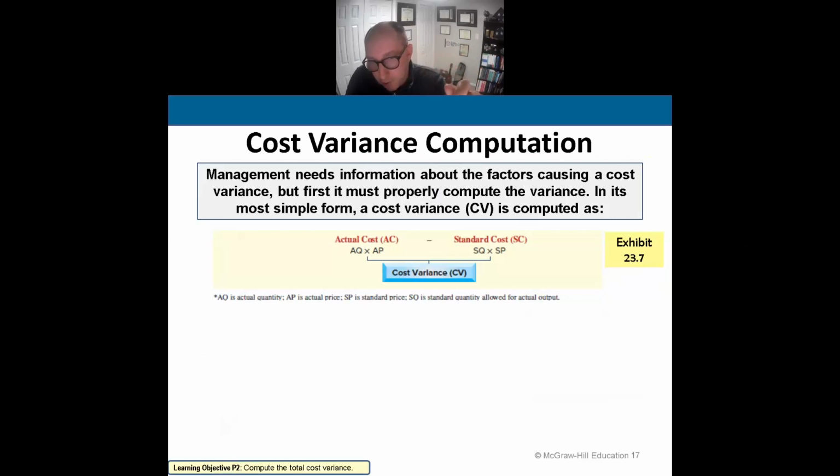To find the actual cost, we take the actual quantity times the actual price. And you already know how to find standard cost. We take the standard quantity times the standard price. So we take the actual cost minus standard cost to find the cost variance. This is the general formula that we use.